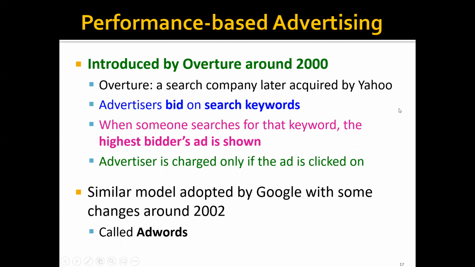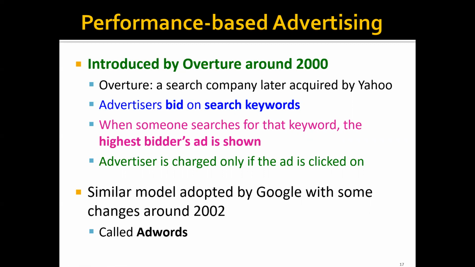Overture is a search company later acquired by Yahoo. So basically, performance-based advertising works like this. The advertisers will first bid on some search keywords. When someone searches for that keyword, the highest bidder's ad will be shown.